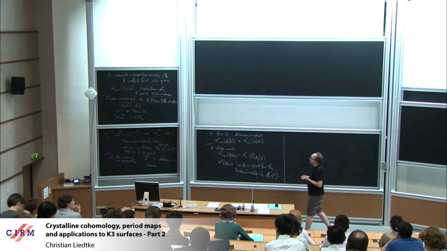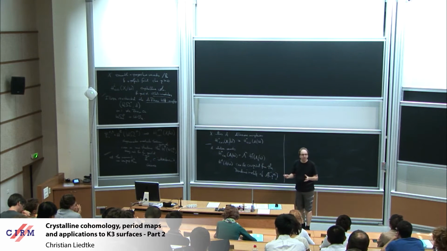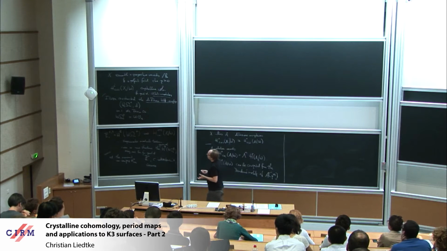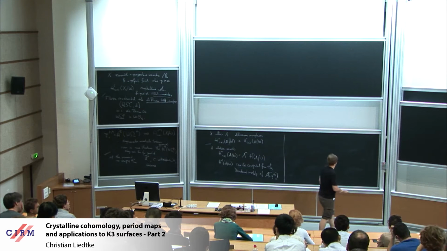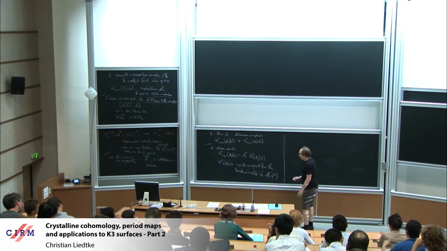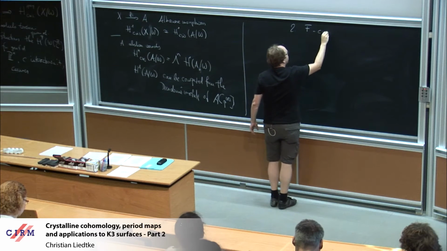This is captured in the notion of a Hodge structure, and then you construct period domains and stuff like that. You do something similar here. You have a closer look at what kind of extra structure you get from a crystalline cohomology group, and that leads me to section 2, the notion of an F crystal.